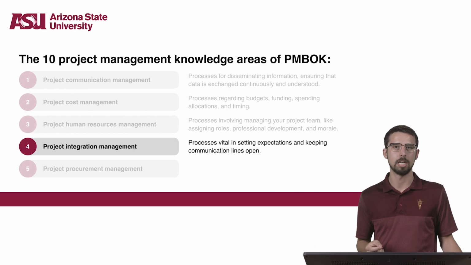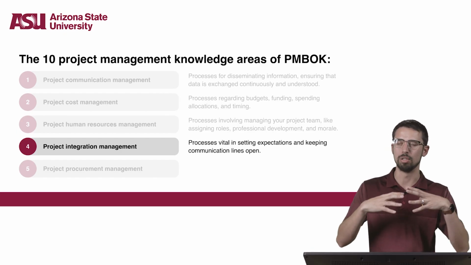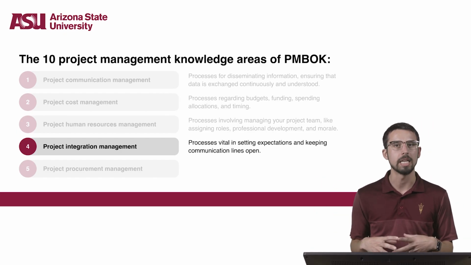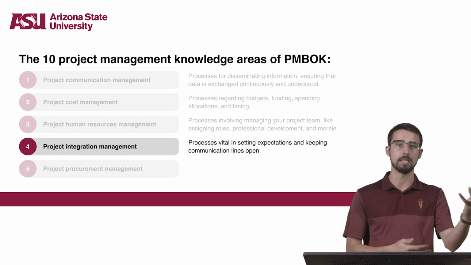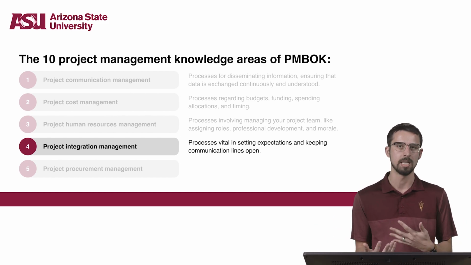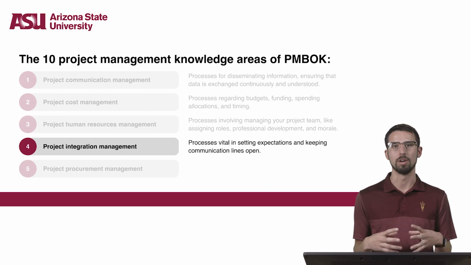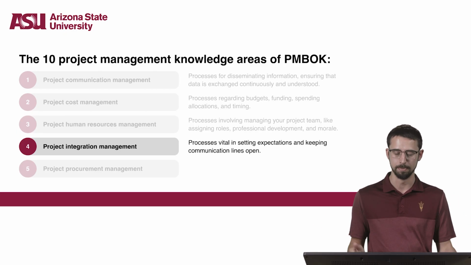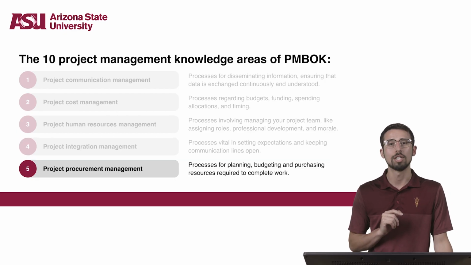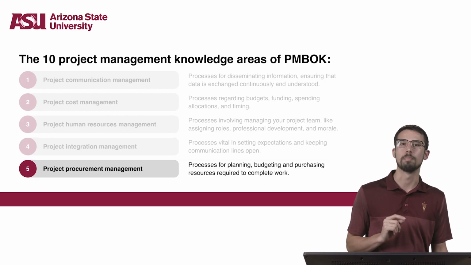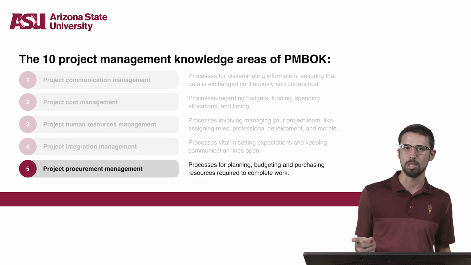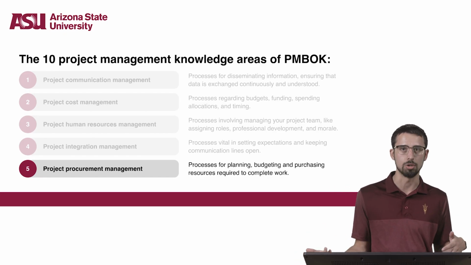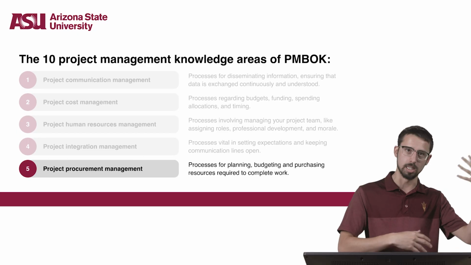Project integration management are the processes that are necessary to define, consolidate, and coordinate all the other processes and project management activities. And these processes are vital in setting expectations and keeping communication lanes open. Project procurement management are processes for planning, budgeting, and purchasing resources, whether physical or informational, to get the work done and to get the work completed.